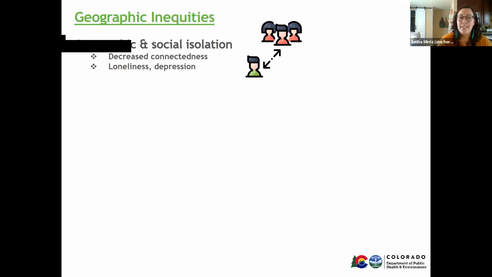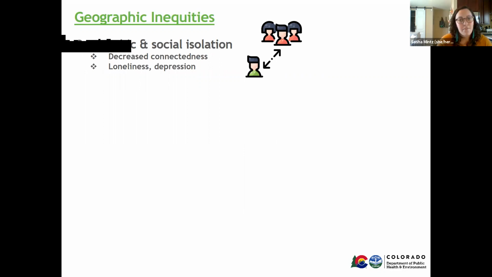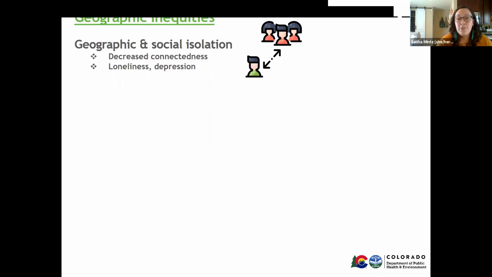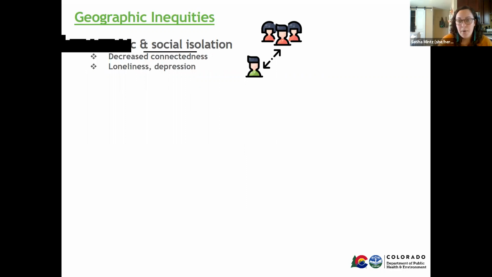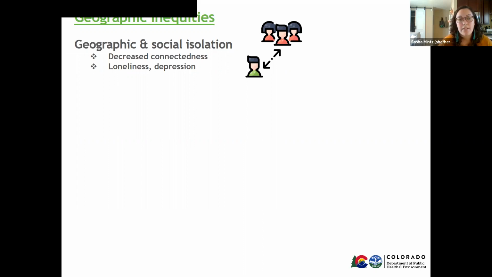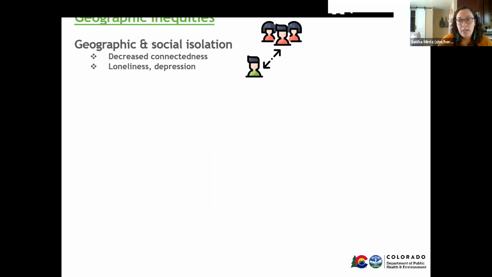Living in a rural area can definitely be isolating, where many folks are self-reliant for survival. This can decrease a person's sense of connectedness and support, which we know through our work is a very important protective factor for several forms of injury and violence, including suicide and child maltreatment. With less face-to-face contact and connection, people living in rural areas may experience greater feelings of loneliness, depression, and suicidality.